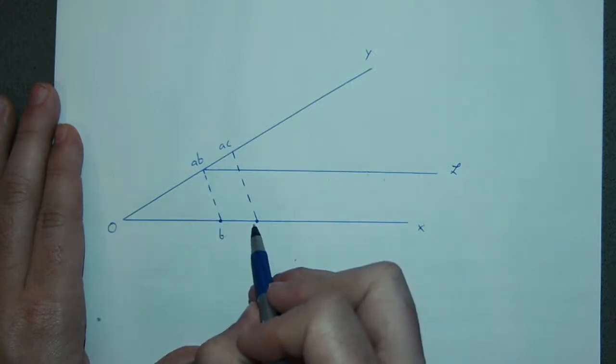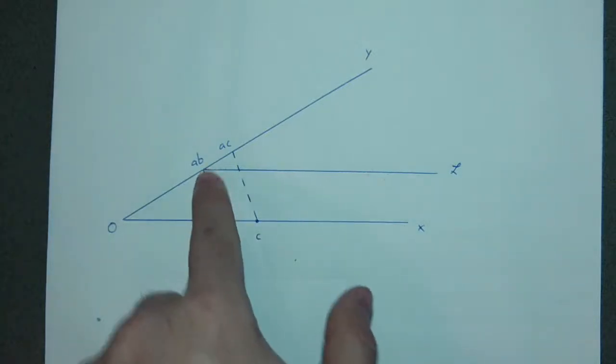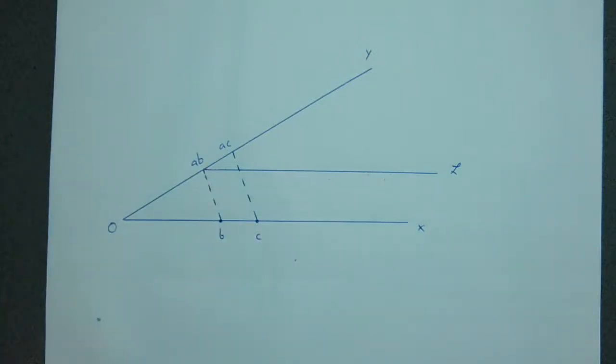And then I have this dashed line from C to AC that also intersects L here. And so, how do I figure out how this thing constructs B plus C?